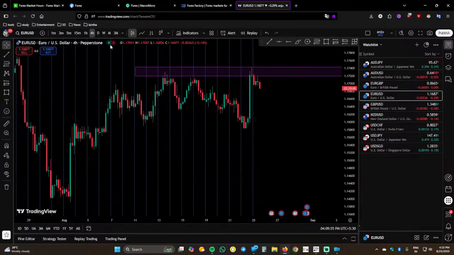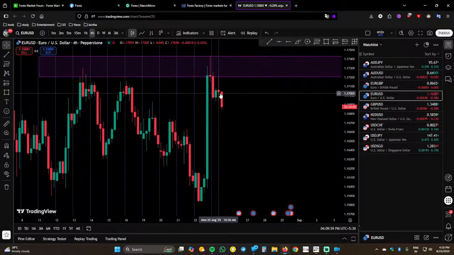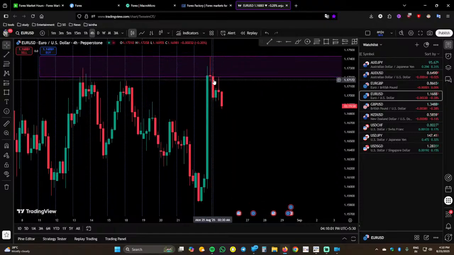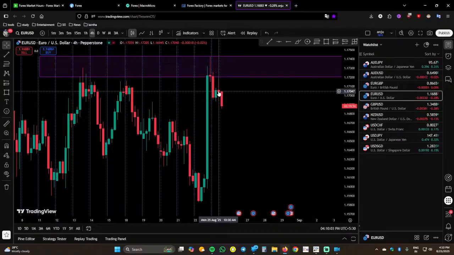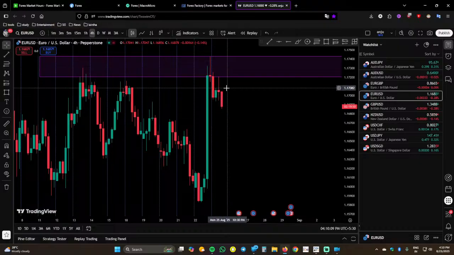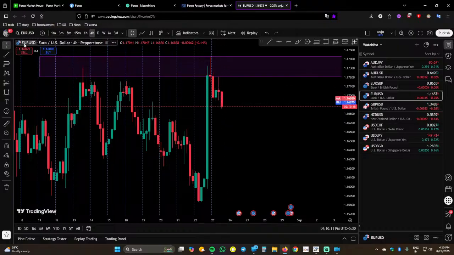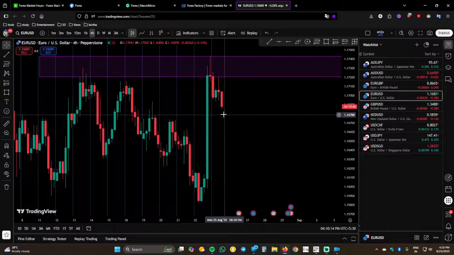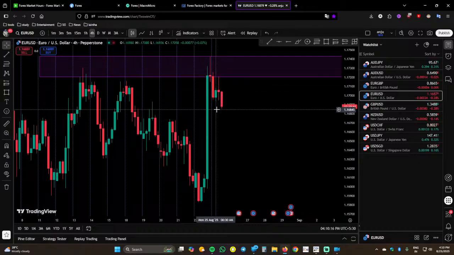Dropping down to the 4 hour, we are in a free fall. We saw straight downward momentum and we saw a slight push, and again a downward momentum, but still there was a slight push to the upside, and then we saw great momentum.